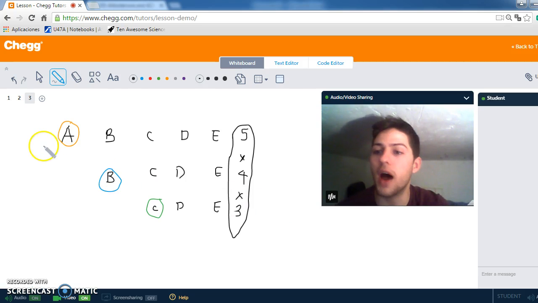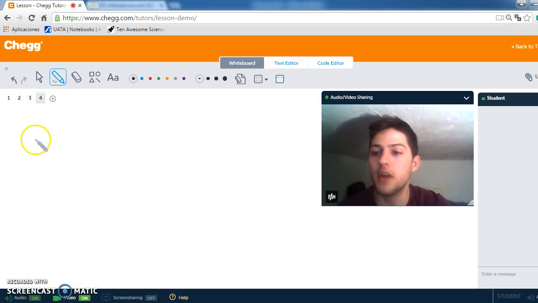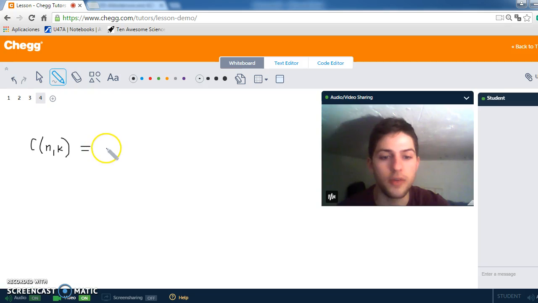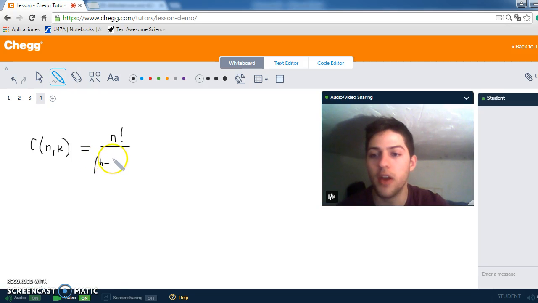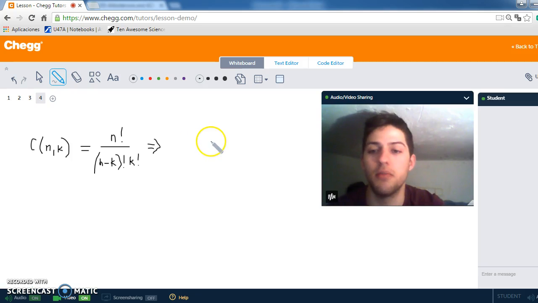So when it comes to the combination formula, it's going to be C(n, k). In here, we're going to do n factorial over n minus k factorial, which is very similar to our permutation formula. But then we're also going to multiply the denominator by k factorial. Okay? All right, so in this case, for our previous problem, when it comes to the distinction merits or distinction ribbons, we would have 5 factorial.